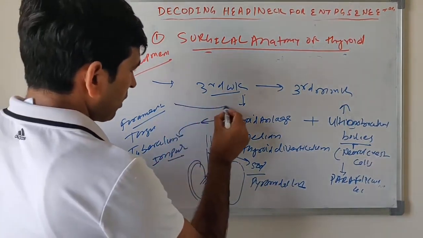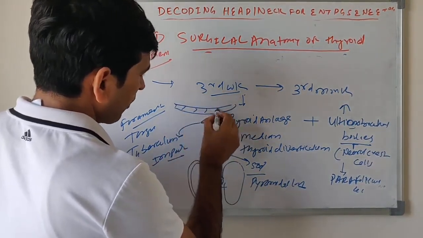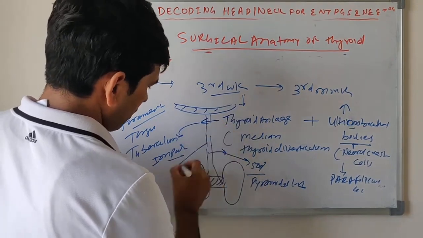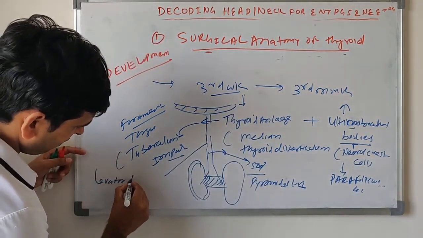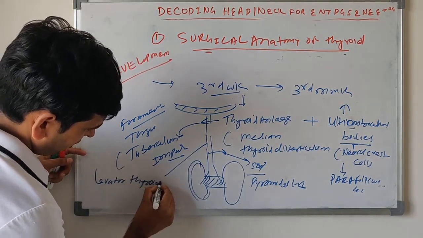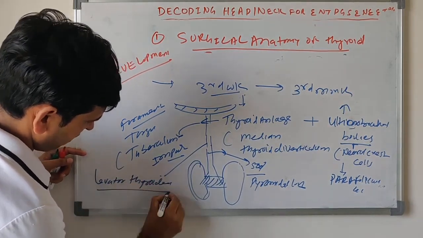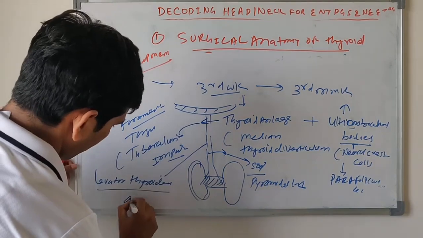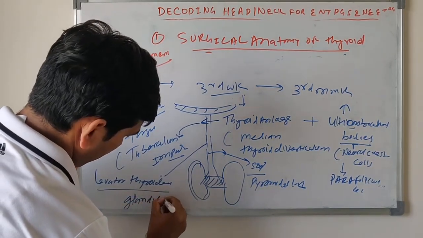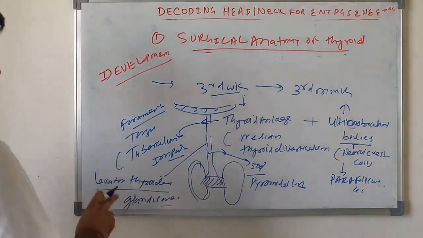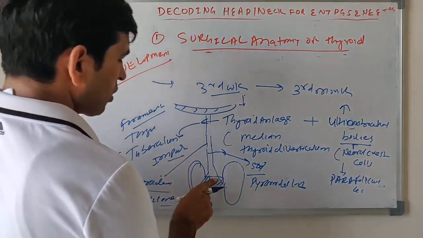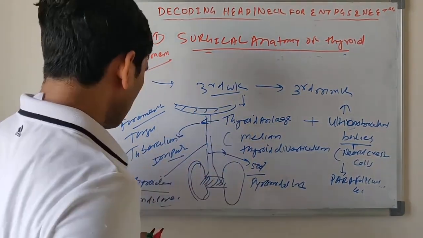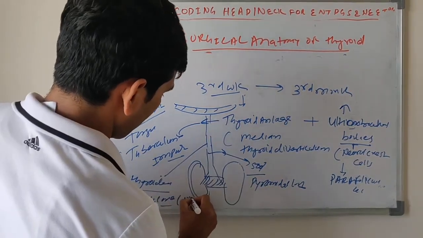Sometimes it may connect with the hyoid bone, and this is called levator glandulae thyroideae. It is a fibrous band connecting the isthmus of the thyroid to the hyoid bone, found in 10% of cases.